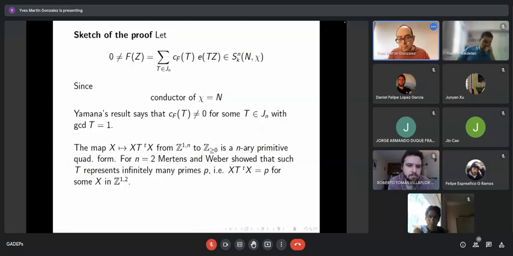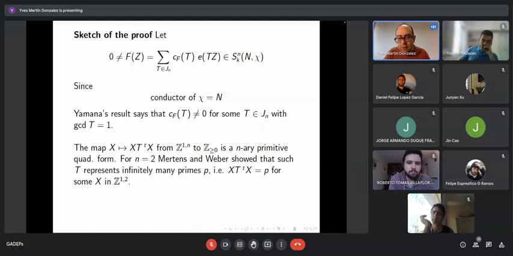Any quadratic form in n variables. And to my surprise, I couldn't find it in the literature. I asked a couple of experts in quadratic forms. I'm not an expert in that subject, and they gave me some ideas of how this could be true, but they didn't mention any paper.